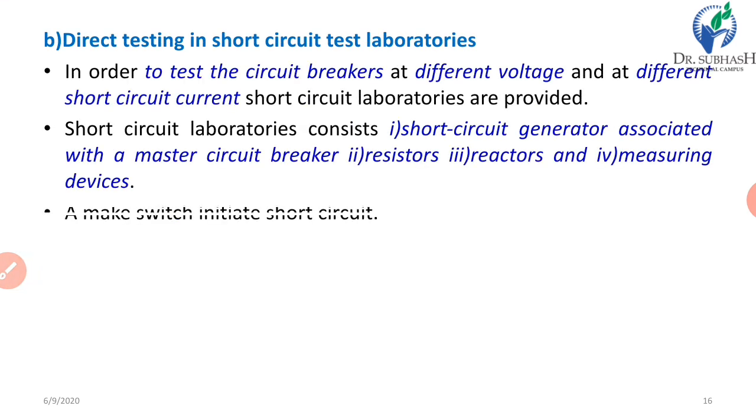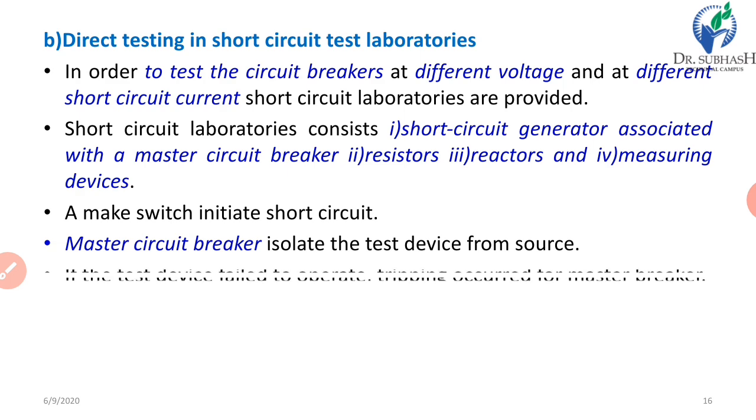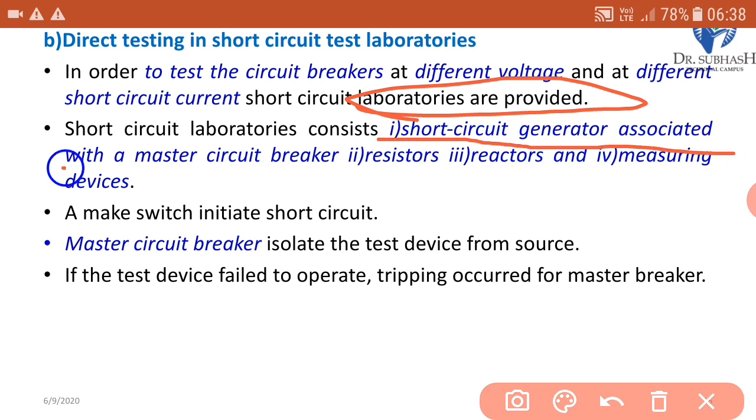Now direct testing in short circuit test laboratories. In order to test the circuit breakers at a different voltage and at a different short circuit current, short circuit laboratories are provided. Short circuit laboratories consist of short circuit generator associated with a master circuit breaker, then resistors, reactors, and measuring devices.